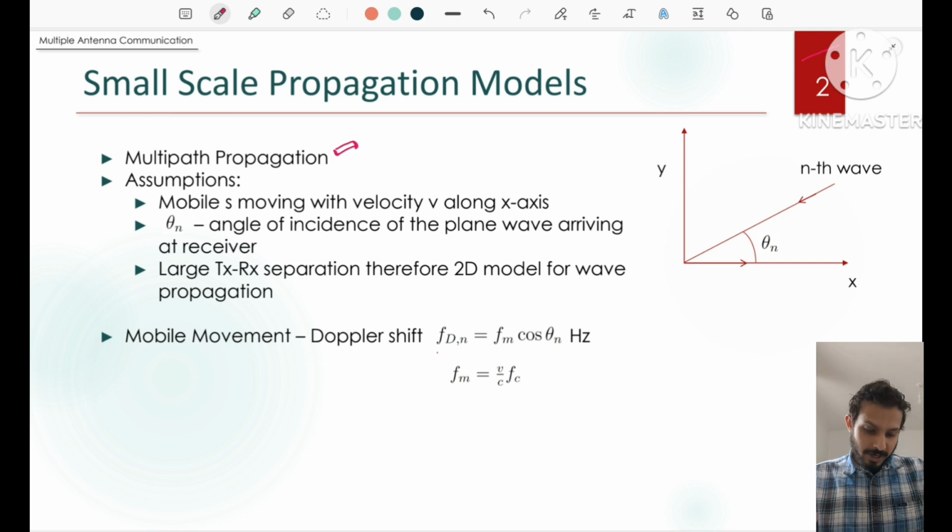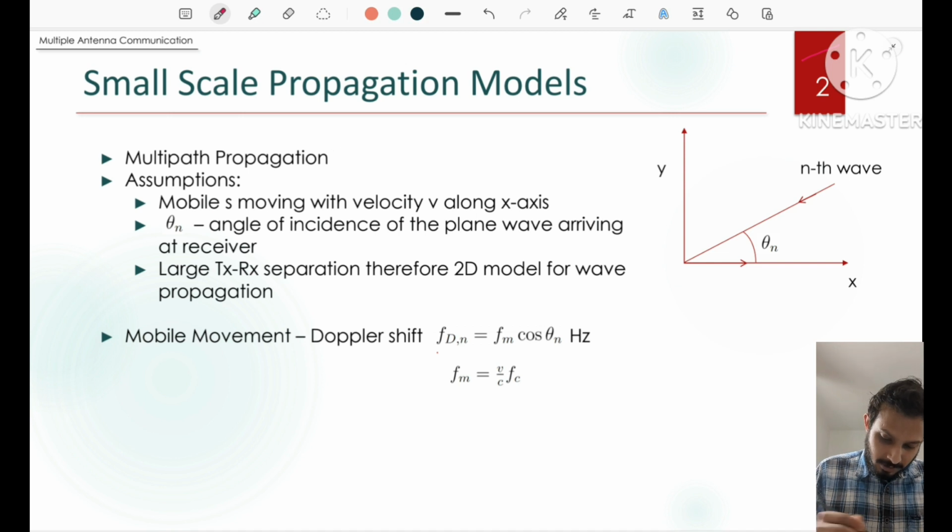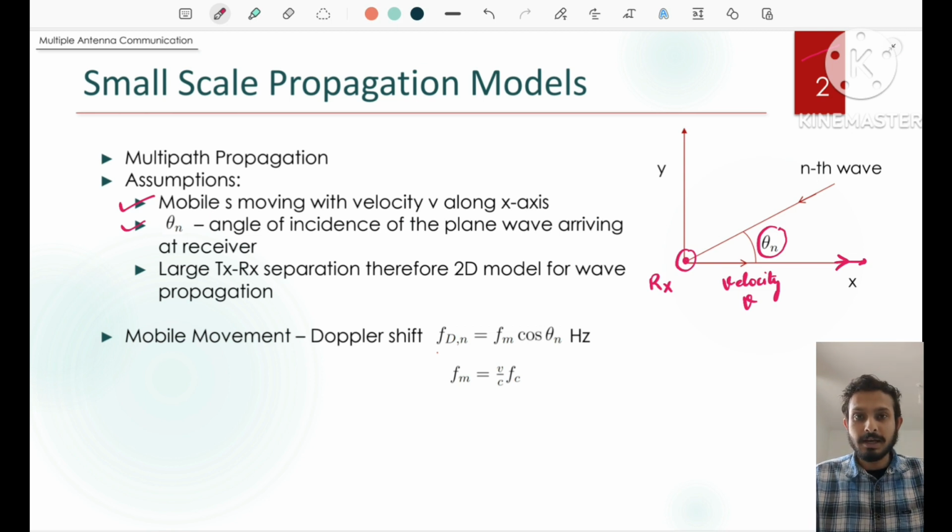So now to begin our discussion with the small-scale propagation model, we will make some assumptions. The first assumption is that the mobile or receiver is moving with some velocity v in the x direction, and there is an angle of incidence theta n of the plane wave that is arriving at the receiver from the nth path.